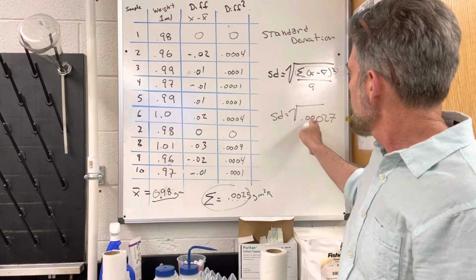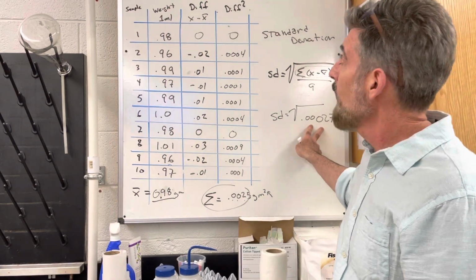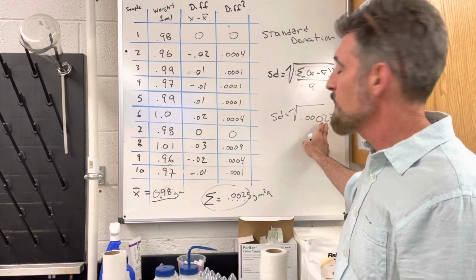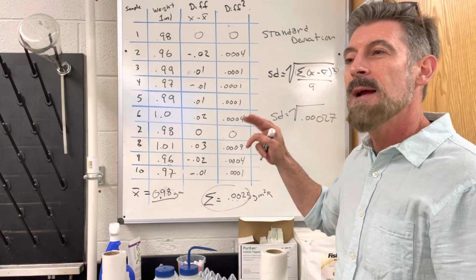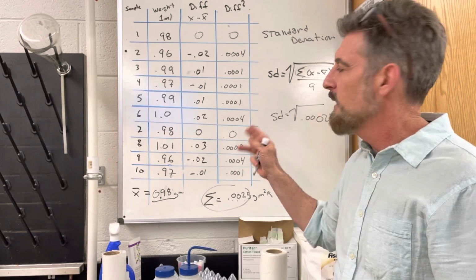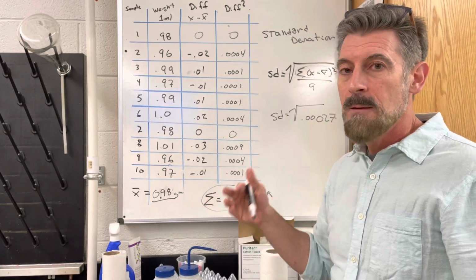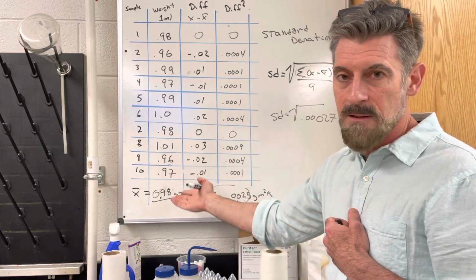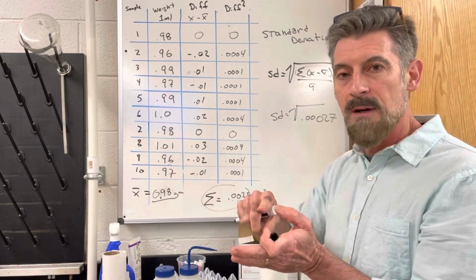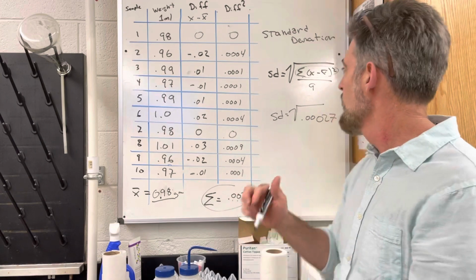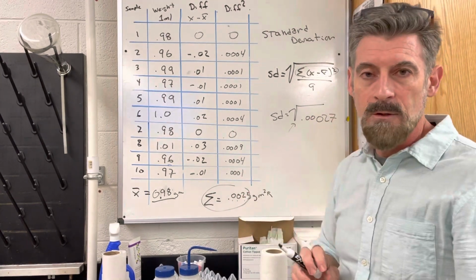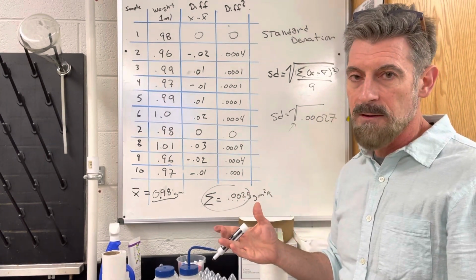So if we were just to report this and say our variation is 0.00027 grams squared, it's hard to say what that means, because our mean is in grams. So we want to convert it back to the same unit. And to do that, you simply have to take a square root. That's something you just do on your calculator.